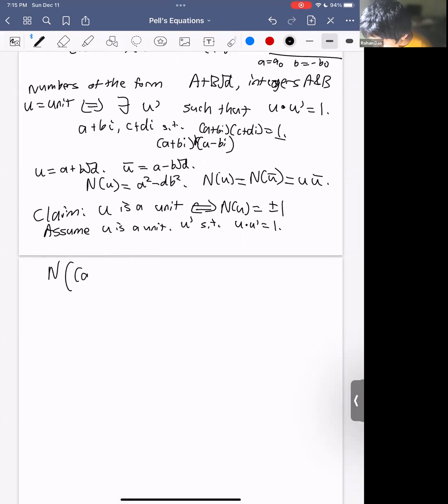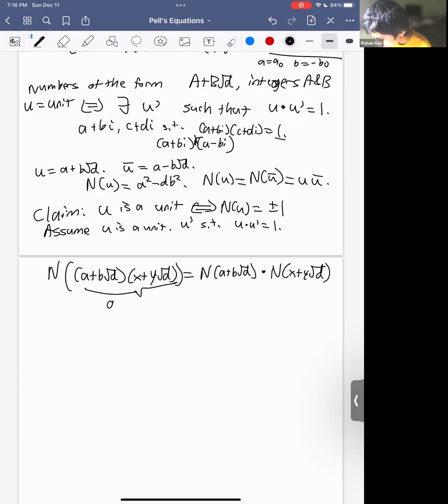The norm of a plus b root d times x plus y root d is equal to the norm of a plus b root d times the norm of x plus y root d. This can just be seen with a bit of algebraic expansion.